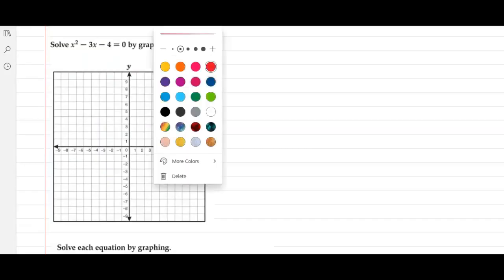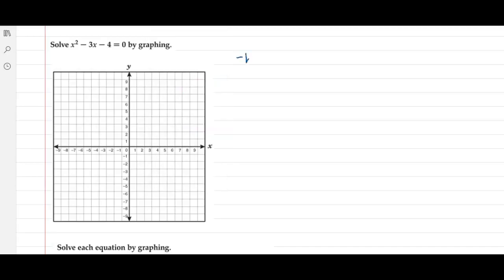You know I always like to start with my vertex. -b over 2a would be the opposite of -3 over 2 times 1. So 3/2 is the first part of our vertex.